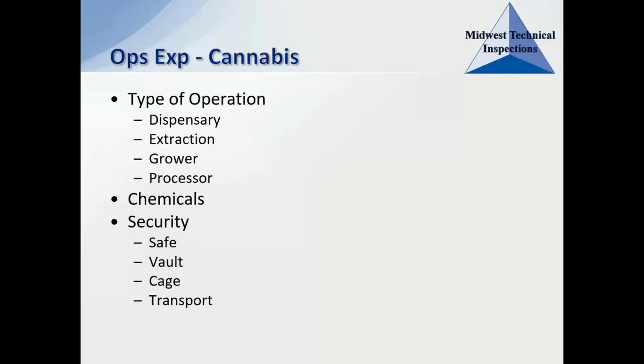Is it an extraction laboratory where they're taking the cannabis and breaking it down, extracting the CBD, or getting it into essential oils, which they can then use for other products, maybe edibles? That extraction process is going to be very complex and needs to be very controlled. It's typically going to have a lot of chemical exposure, with potential for fire and potential for explosion. So we really want to make sure we identify that it is an extraction process.